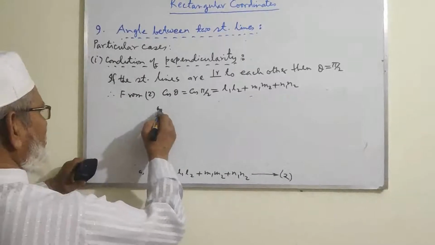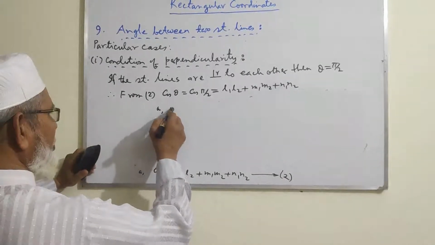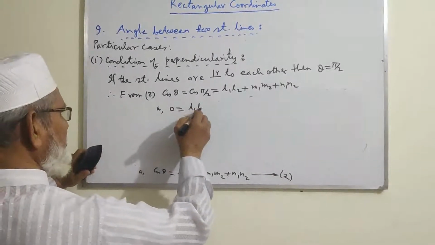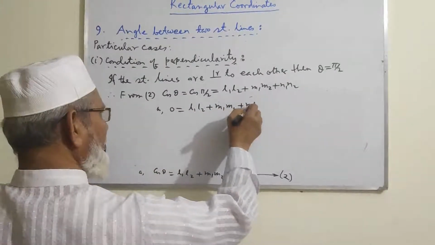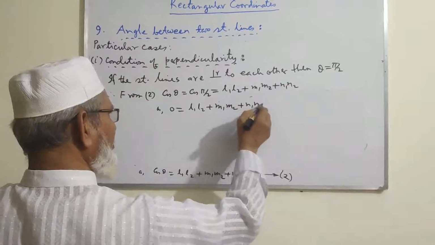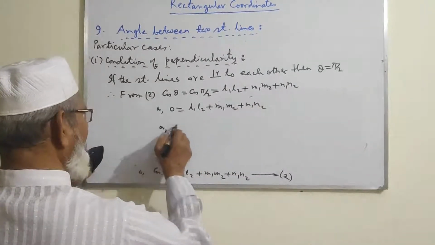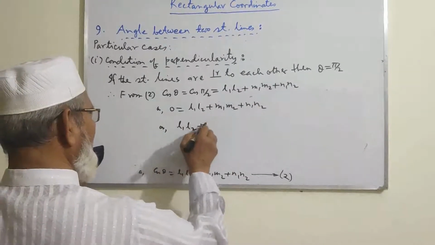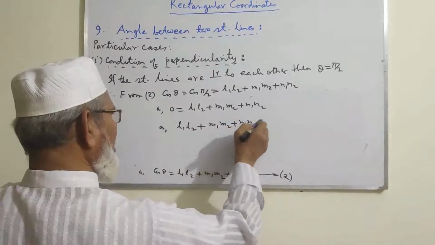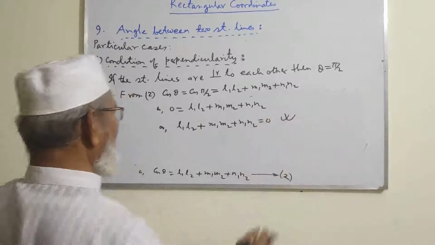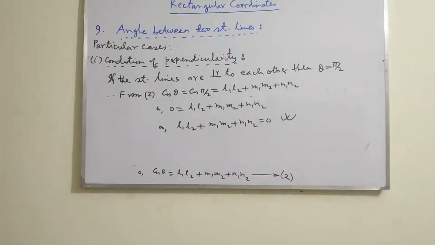Or cos 90 is 0, so 0 equal to L1 L2 plus M1 M2 plus N1 N2. That is, L1 L2 plus M1 M2 plus N1 N2 equal to 0. This is the condition of perpendicularity between two straight lines.